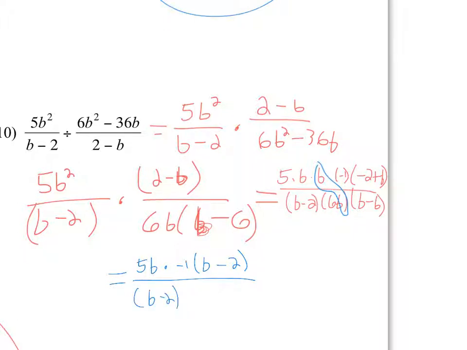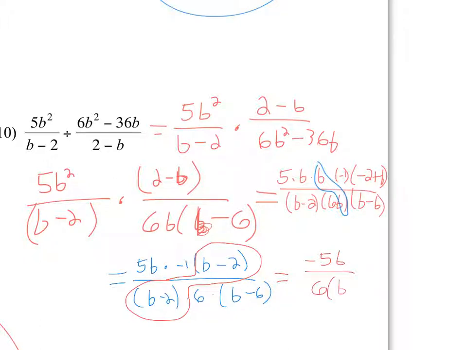Oh, look at that. That's going to cancel out. I'm left with the 6 still, times b minus 6. This is my fancy 1, and I'm left with 5b times negative 1, so negative 5b over 6 times b minus 6.